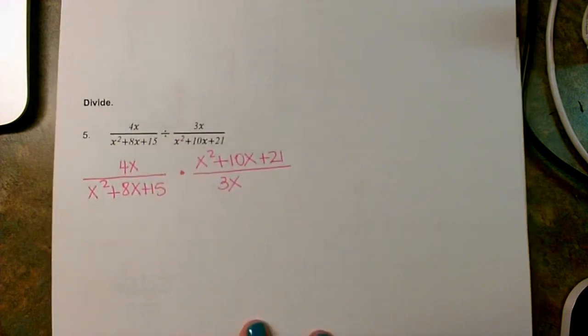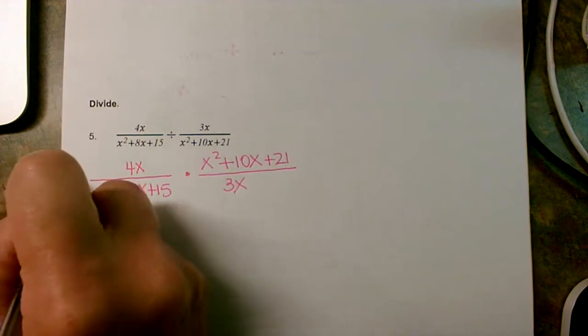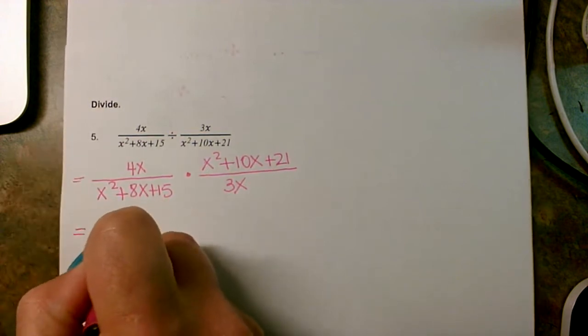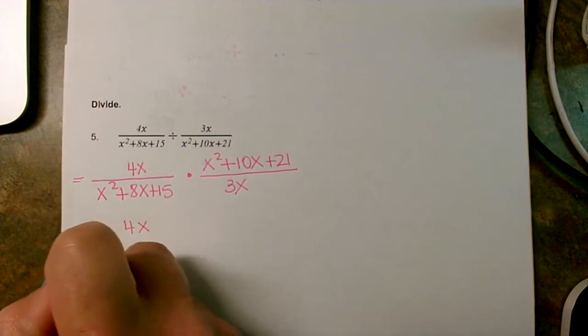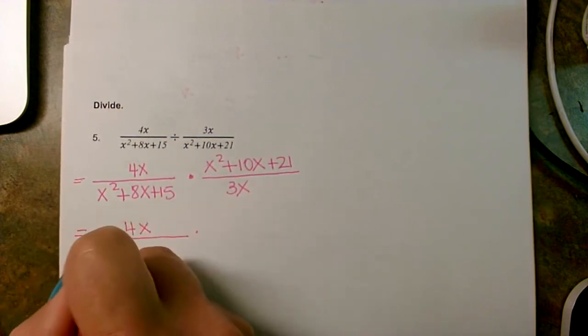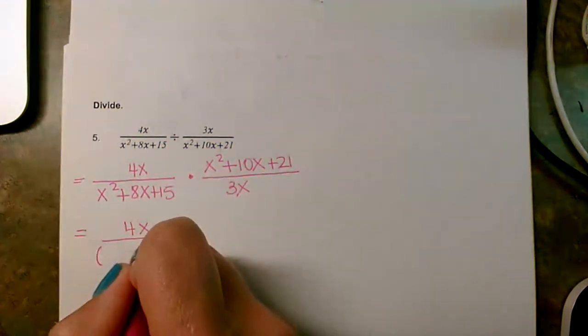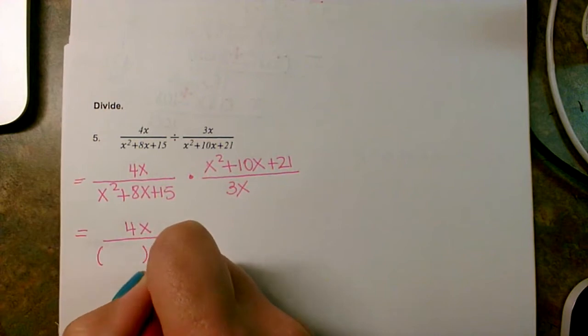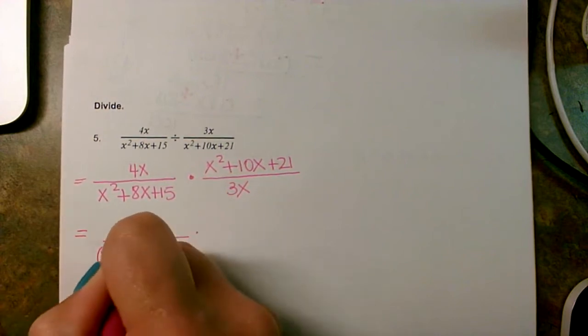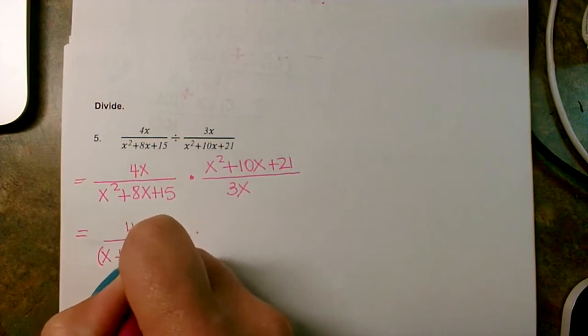Now, we have 4x right here, but we have two numbers that when we multiply, we get 15, and when I add them, I get 8.